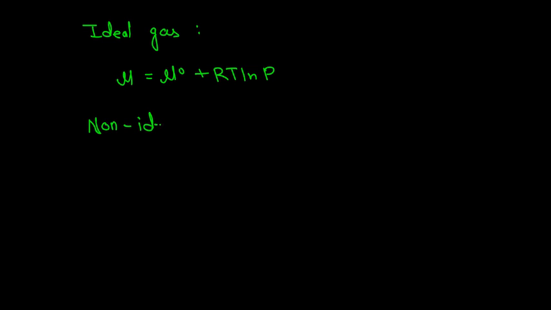For an ideal gas, I have μ equals μ⁰ plus RT ln P as my definition, and we have proved this to be working. But what if the gas is non-ideal? So I have a non-ideal gas.